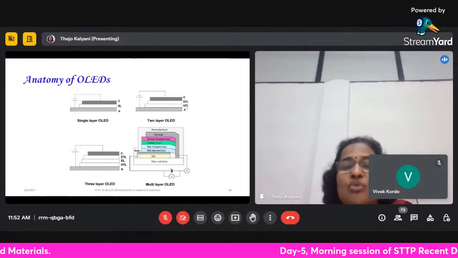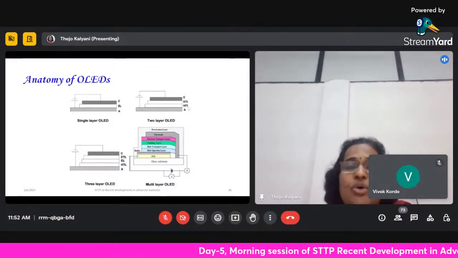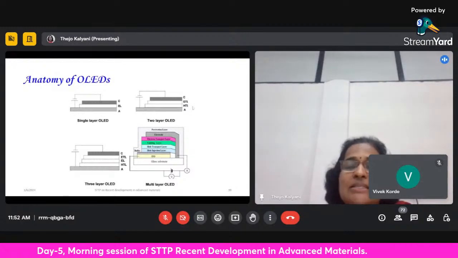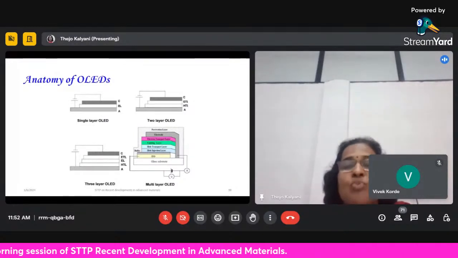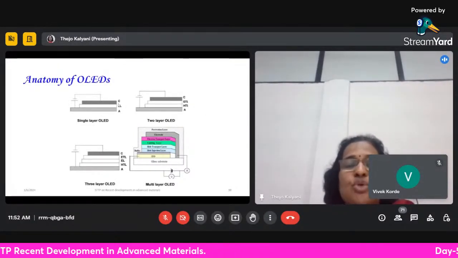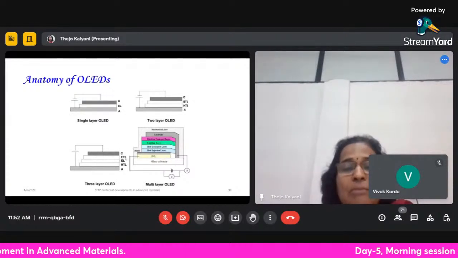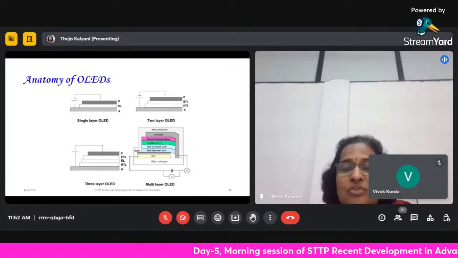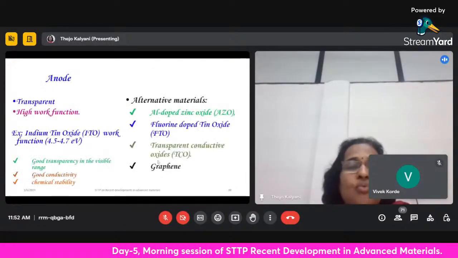These layers enhance the transport of electrons and holes, and increase recombination, and hence the efficiency of the device is higher. After that came a 3-layer device, and then a multi-layer device with a number of layers, which we will see now one by one.